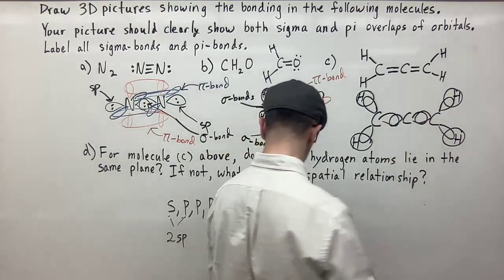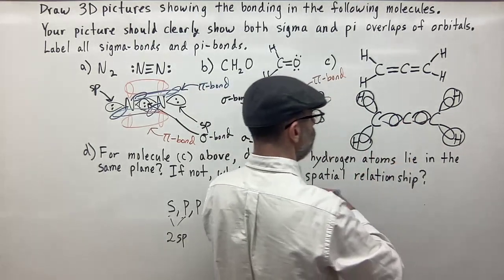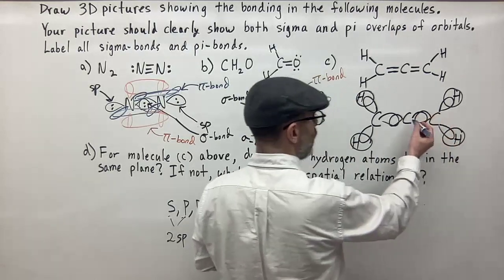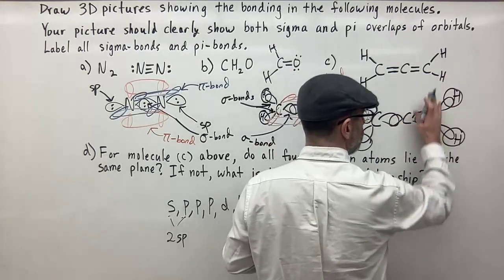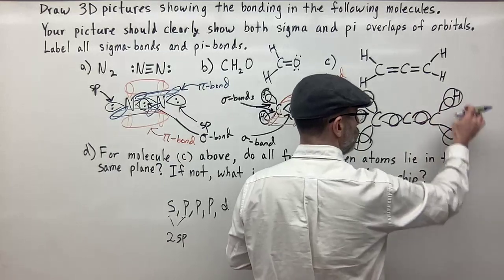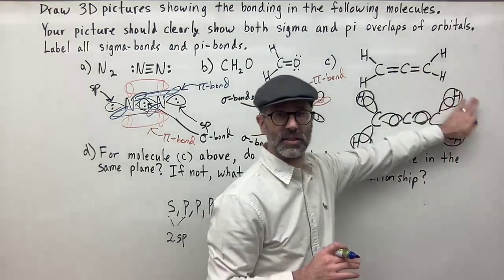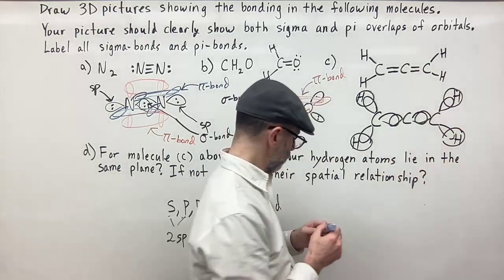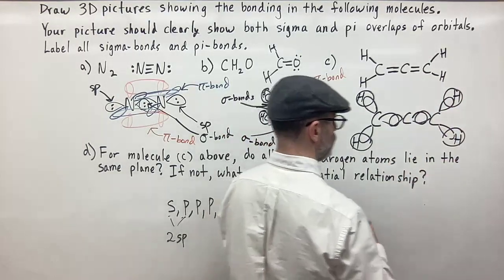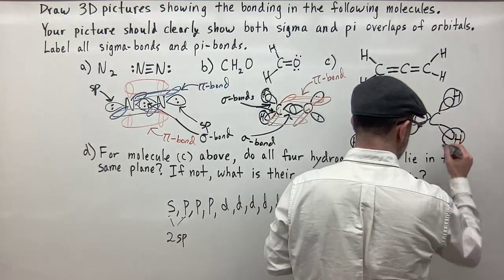So I'll use blue this time. So here, if this is in the plane of the board, these two hydrogens and the carbon are all in the same plane, we can say this is going to be in the same plane of the board. And I just ruined my wonderful picture.